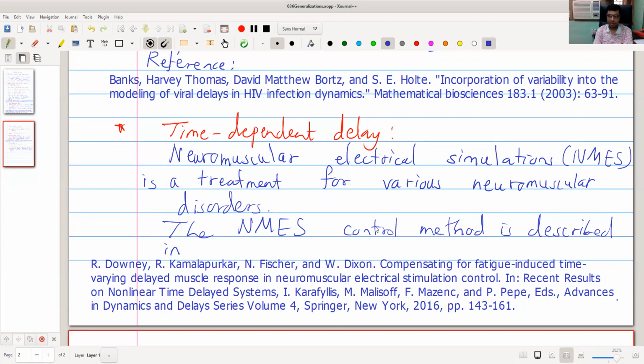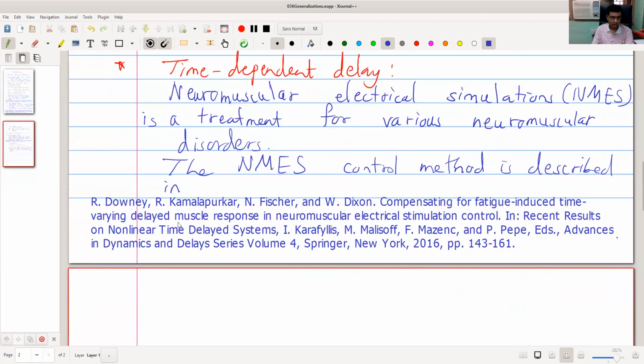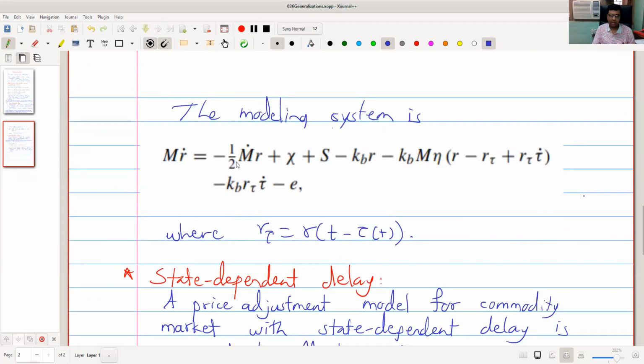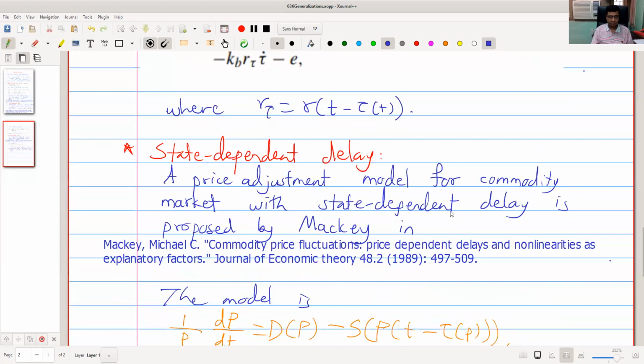The NMES control method is described by Downey and others. The model is like this. Here, R suffix tau means R of t minus tau of t. Tau is a function of t, and the derivative of tau is also included in this model. Such complex systems arise in real world applications.